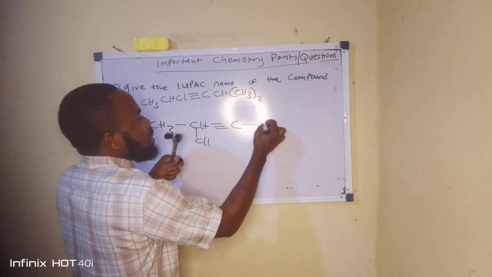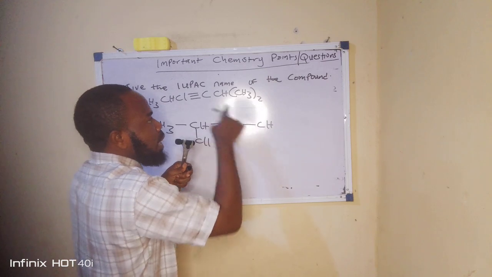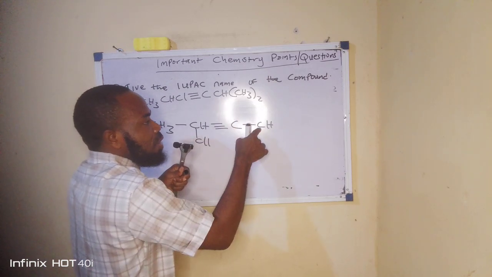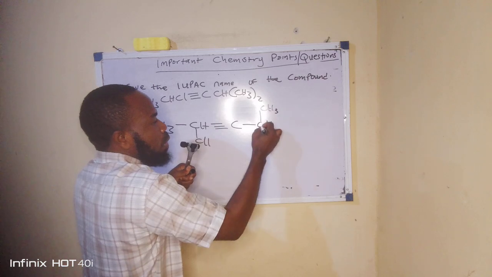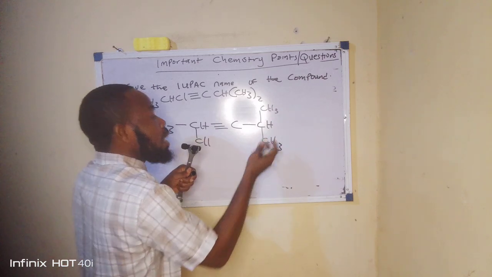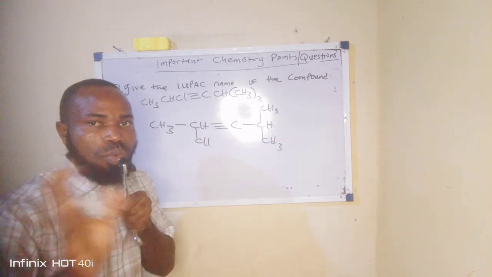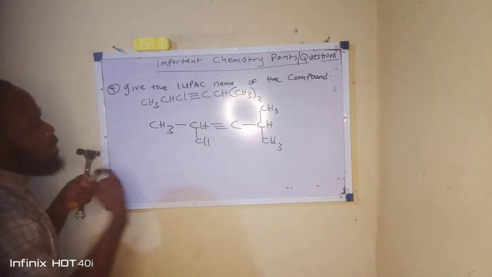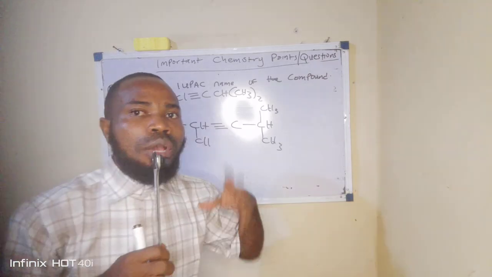A CH. Now this CH3 bracket 2 that is here simply means that this particular carbon is carrying 2 methyl. So one CH3, then we have another one CH3. I might decide to put the hydrogen here or put the methyl here, I'll still arrive at the same answer. So regardless, if we do it like this, it will be easier for us to name the compound properly.